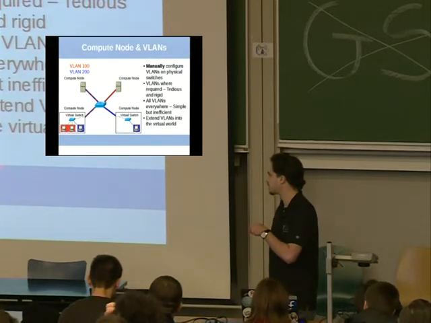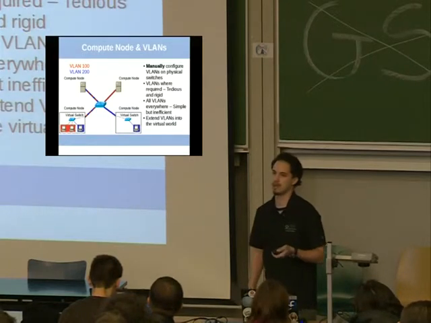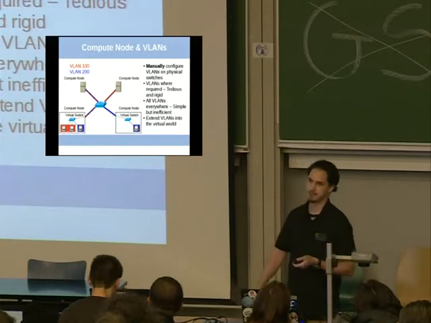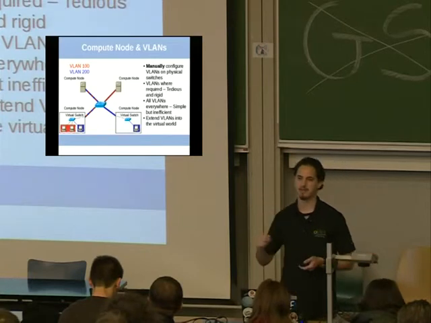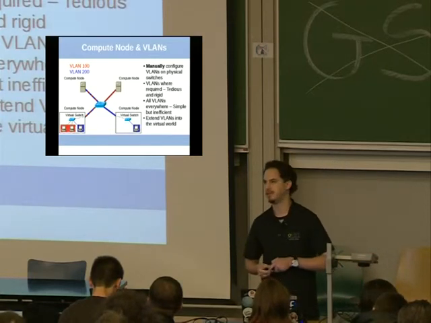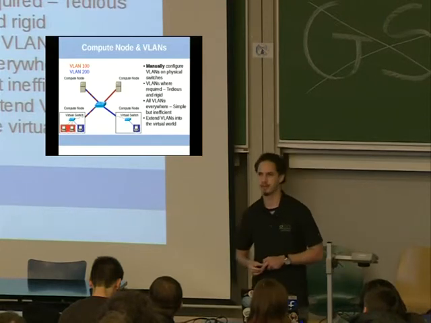So this broadcast reaches the physical switch. The physical switch sees that this trunk port is only carrying the red VLAN, so it wouldn't forward the broadcast message. So mission accomplished, but obviously that's very manual. That's very tedious. It doesn't scale. It doesn't scale even for small deployments, actually.